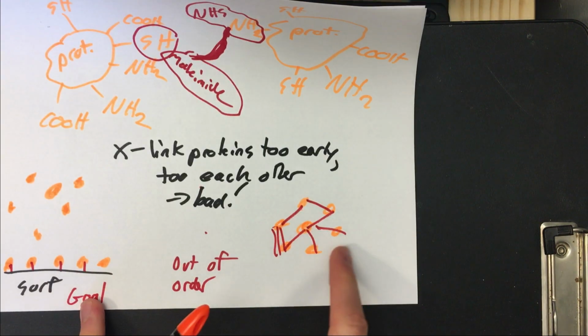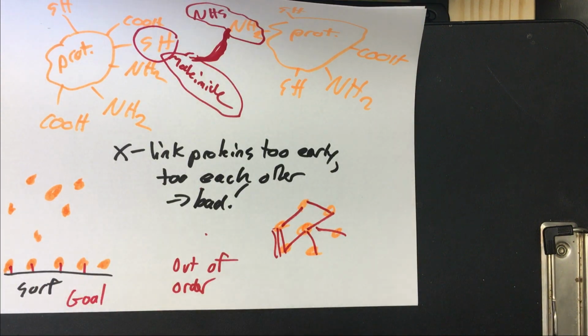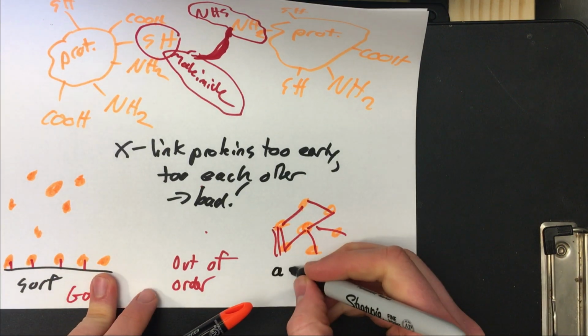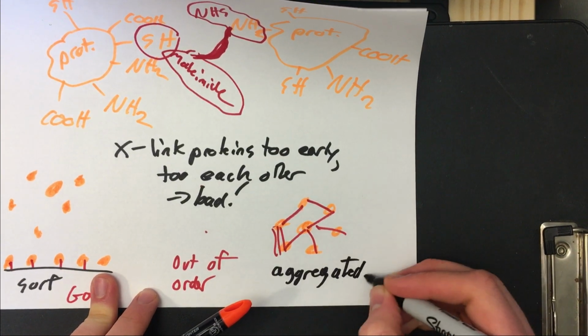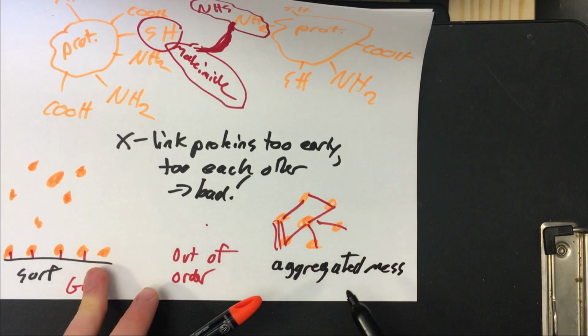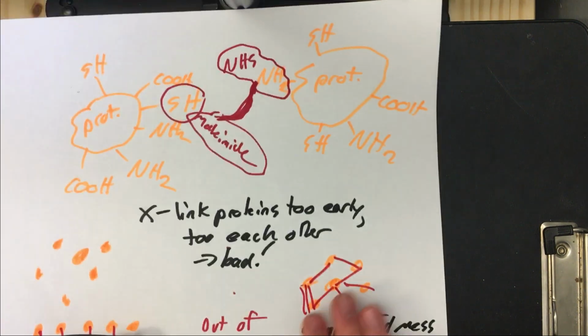And what happens is I would just aggregate all of my proteins together, and they would just end up as this aggregated mess. Everything stuck to everything, and basically nothing would work. So order of operations is important.